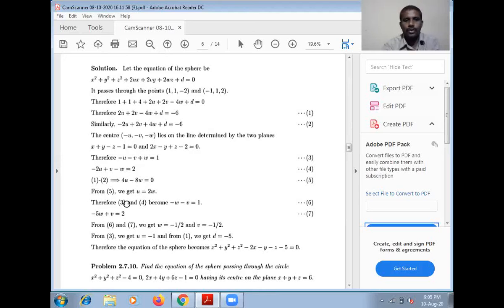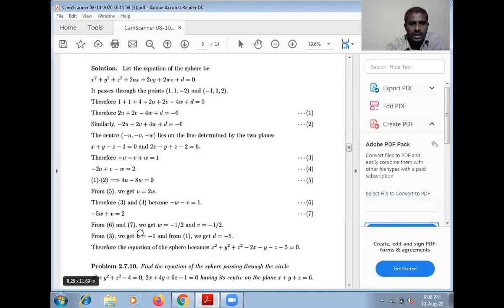Therefore from 3 and 4, substituting u equal to 2w, we get minus 2w minus v plus w, so minus w minus v equal to 1. And therefore minus 5w plus v equal to 2.